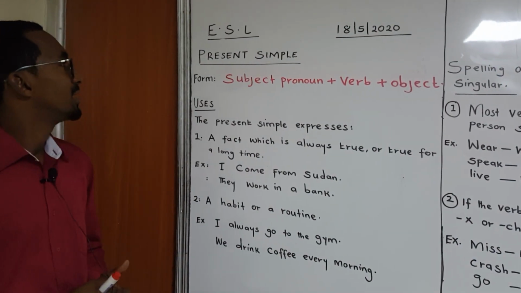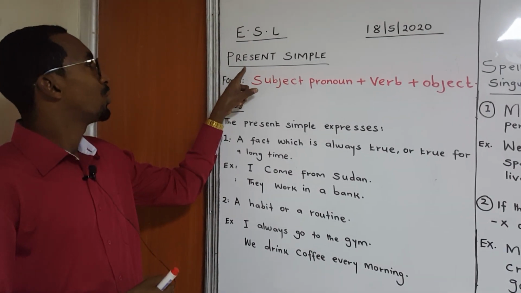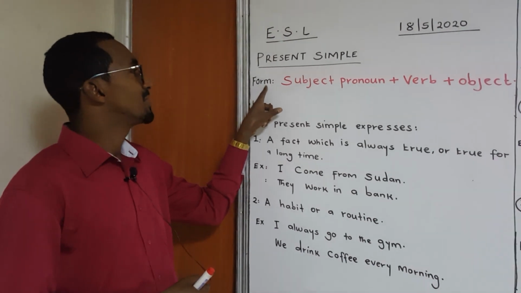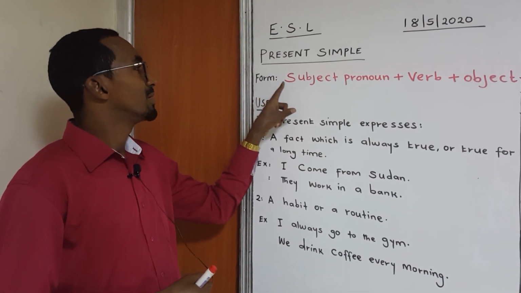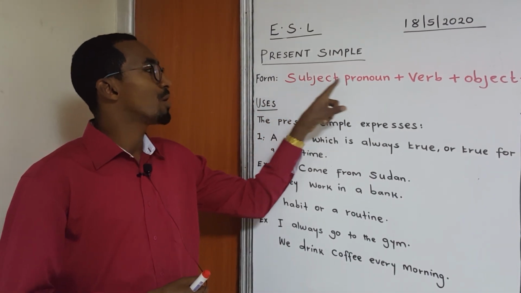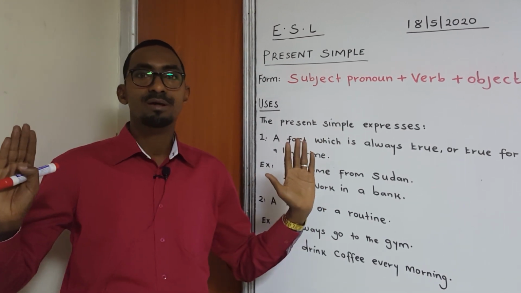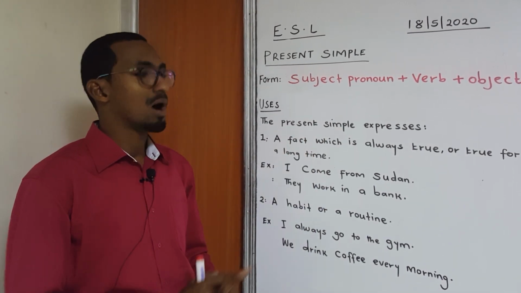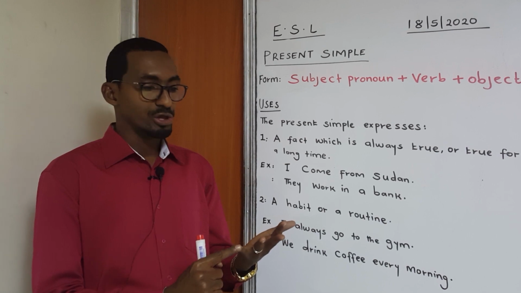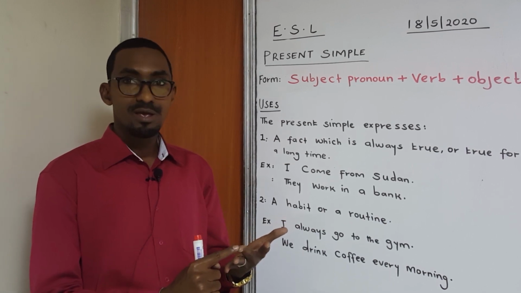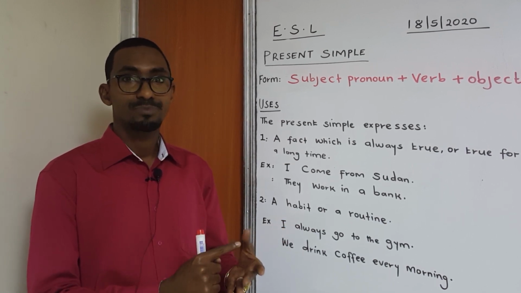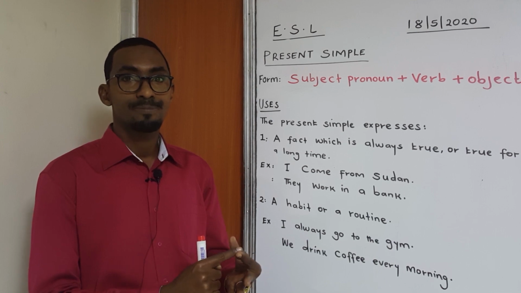Okay, in present simple, the formula of the present simple is subject pronoun. Remember we learned the subject pronouns were I, you, we, they, he, she, and it.